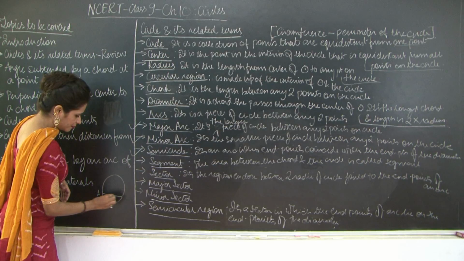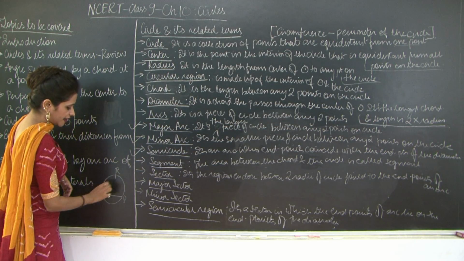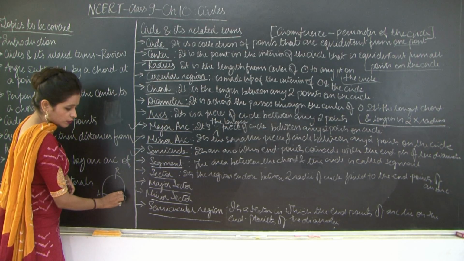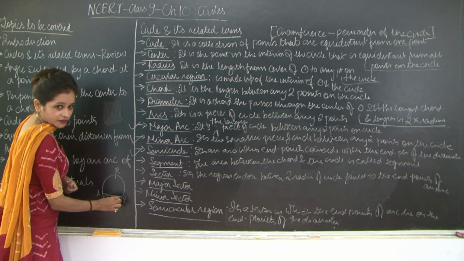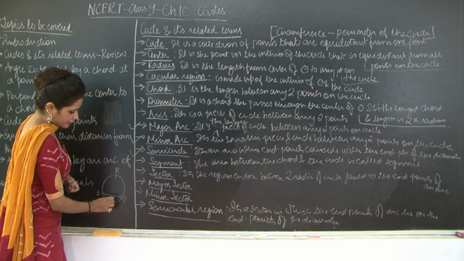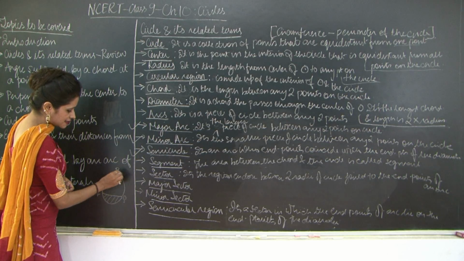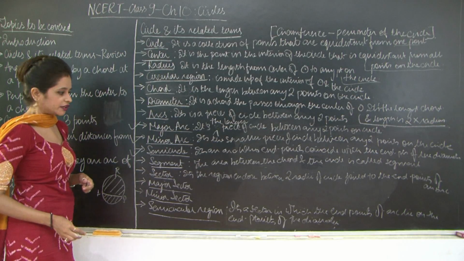Just like I have PQ out here. PQ is my chord. So PRQ is my major arc and PQ is my minor arc, right? So just like this is the minor arc, this space out here is the minor segment, and just like this is the major arc, this space out here is the major segment.